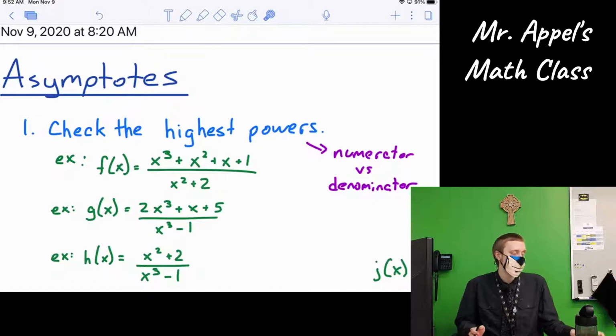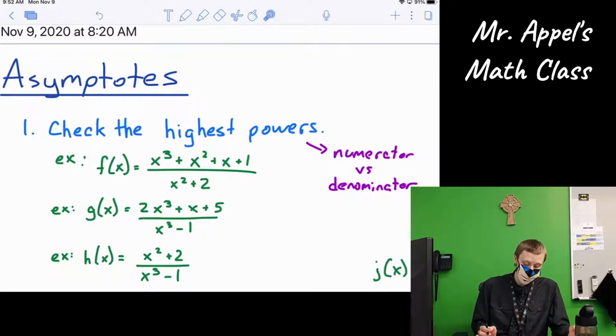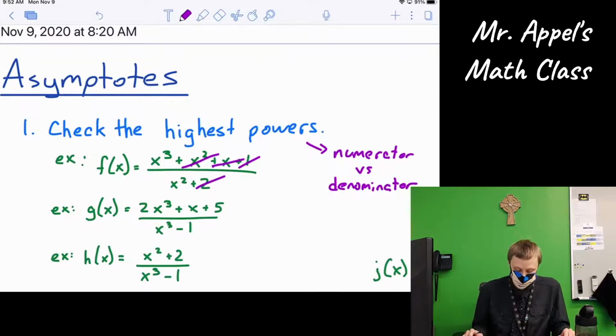So for example, look at f of x here. f of x is equal to x cubed plus x squared plus x plus 1, all divided by x squared plus 2. There's a whole lot of extra nonsense on here that I don't care about right now. I want the leading term, and I just need its exponent.